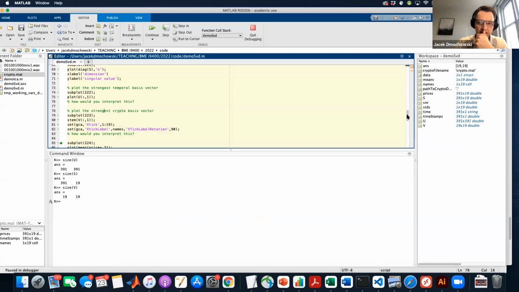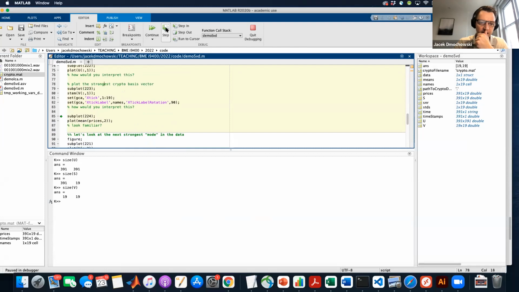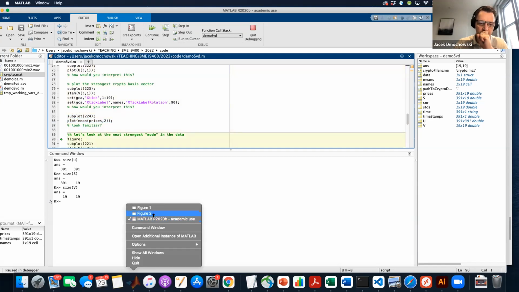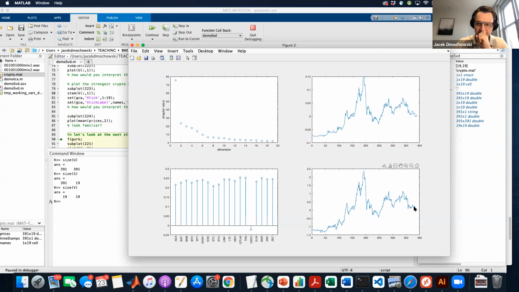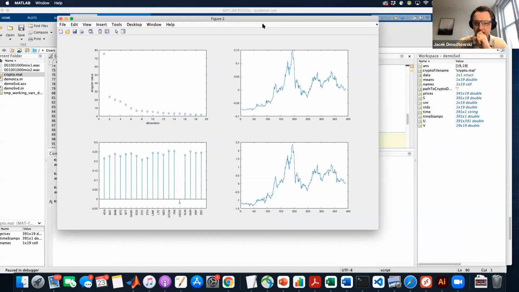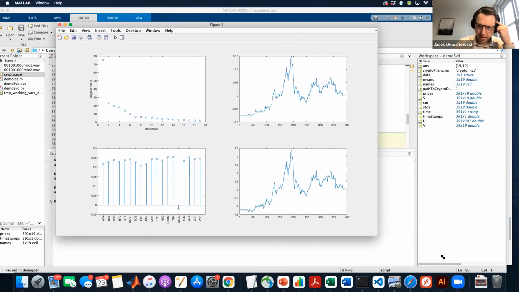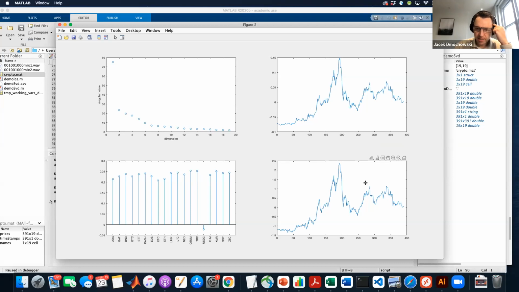Now I'm also going to plot, in the fourth panel, the raw mean, to show that the raw mean of the data closely matches the first mode, not in scale of course, because the SVD is orthonormal. This is just the mean of my prices before doing the SVD, and it looks very similar to the first mode.